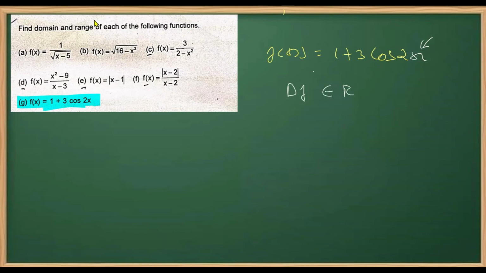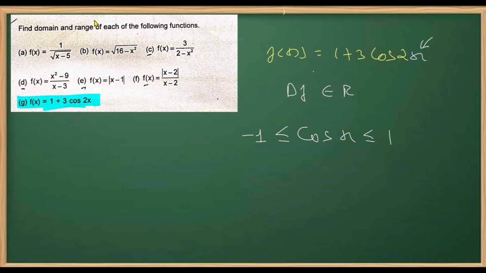Now let's figure out how to find the range. We know that the value of cos x lies between -1 and 1. I'm talking about cos x.